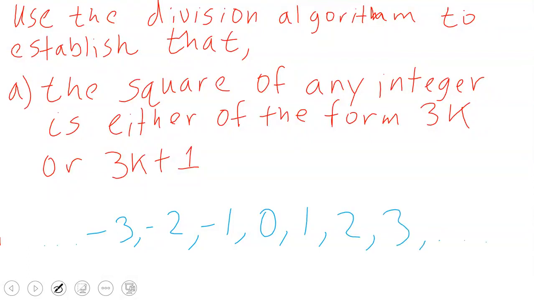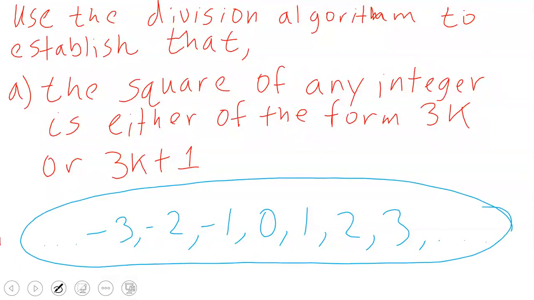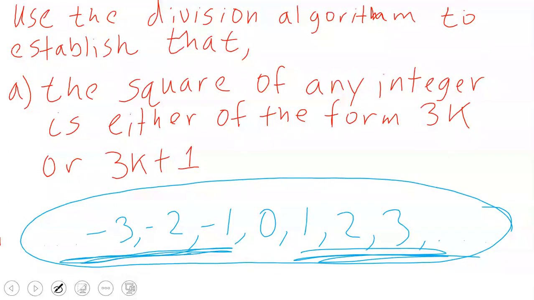So integers are the positive numbers, their negative counterparts, and also 0.